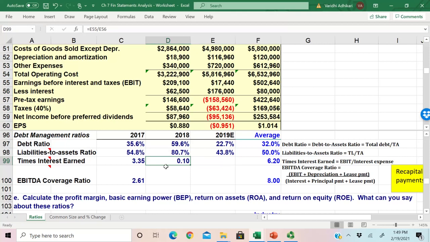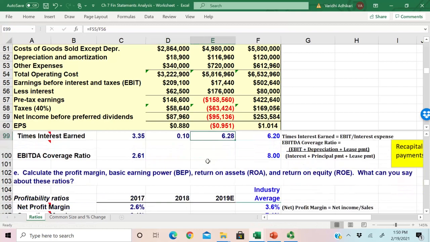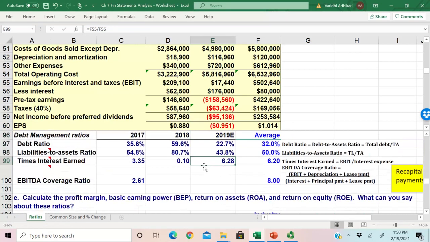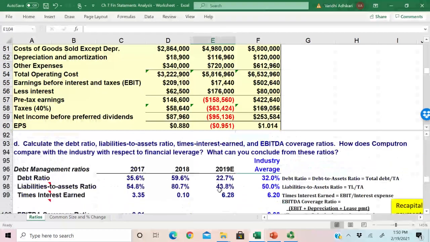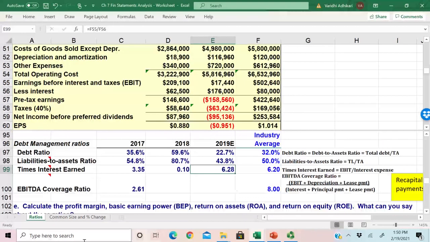So 2018 was bizarre, but let's look at 2019. What does this number mean? The times interest earned ratio of 6.28 in 2019 means this company generated more than 6 times in earnings compared to its interest obligations.